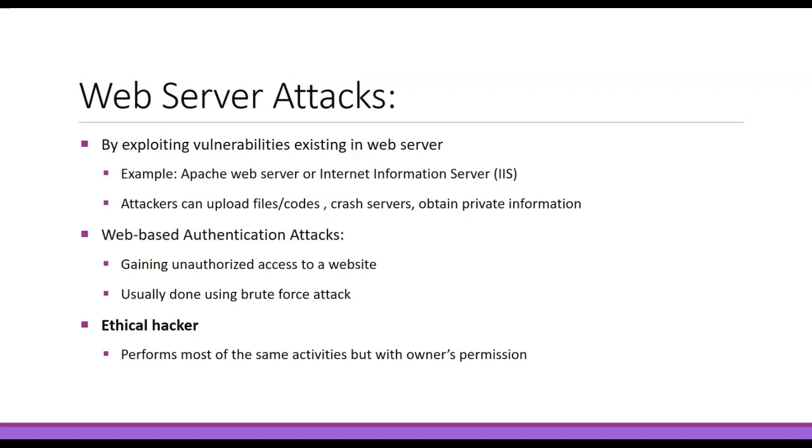They might even crash the server, destroy the server, so it will no longer be accessible, or they might steal sensitive, private information from the web server. So it depends on their target, what they want to do from this attack.